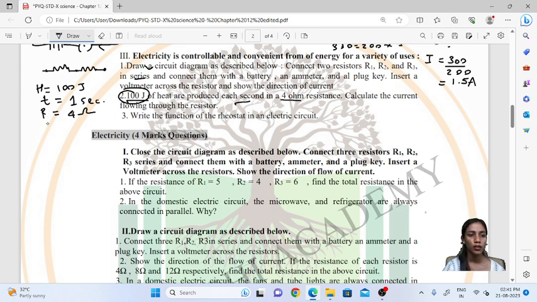So here you have to find the current, right? Looking at all this, which formula do we apply over here? We have to apply Joule's law of heating, which is H equals I squared R t. I squared is the quantity we need to find out. H is given as 100 joules, resistance is given as 4 ohms and time is given as 1 second.